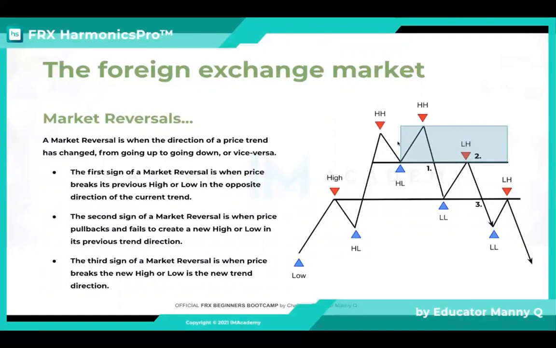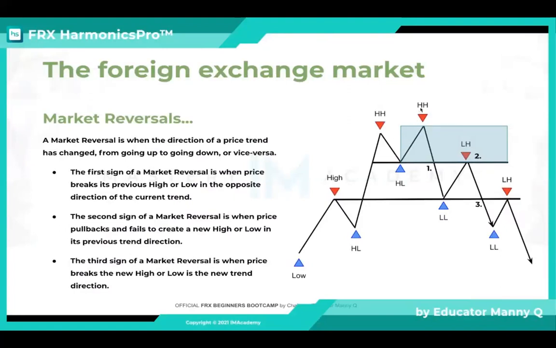Example, let's look at the uptrend over here. The market is making low, high, higher low, higher high, higher low, higher high, right? This is the current direction of the trend. The current direction of the trend is bullish. The first sign is when the market breaks the previous high or low in the opposite direction.